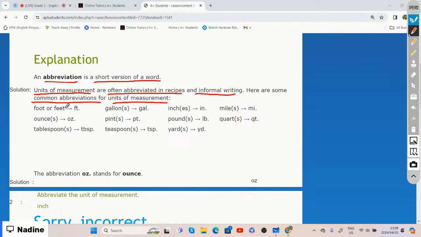If you want to make mention of foot or feet, we say ft, not forgetting the period. So we shorten it to ft period. If you want to say how many gallons of milk you need to throw in, then instead of saying gallons or gallon, you're just going to say gal, which is gal and a period.